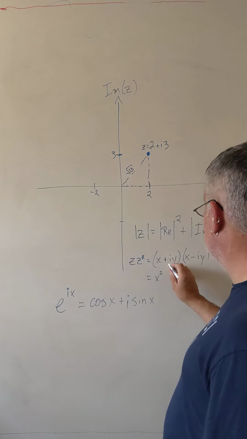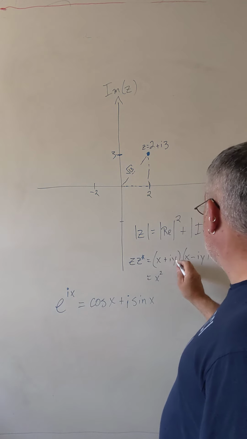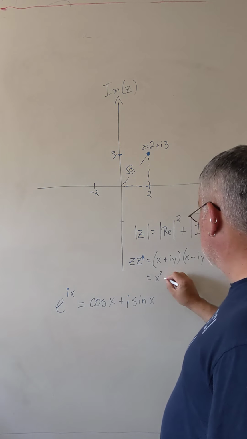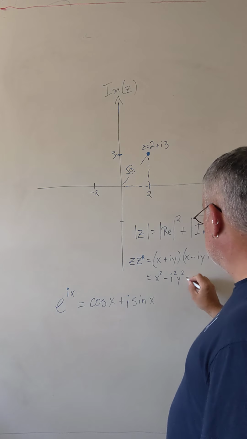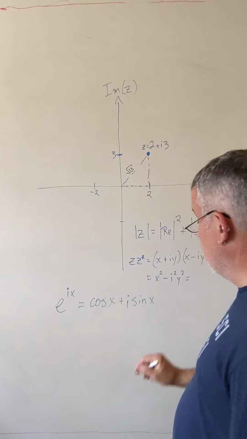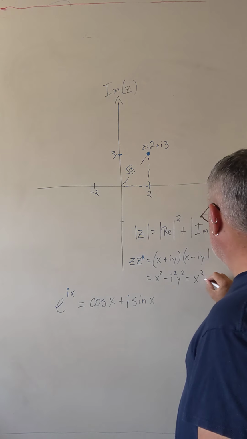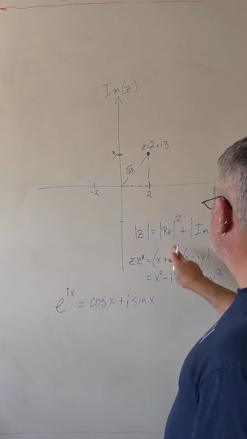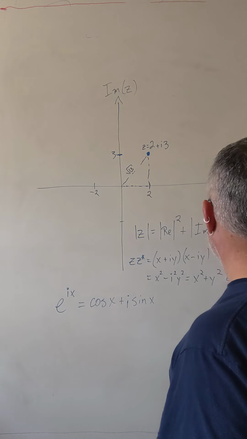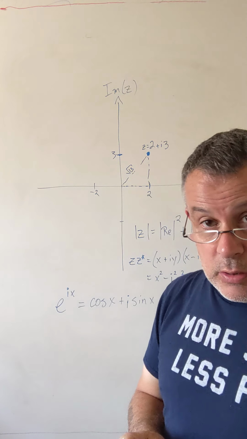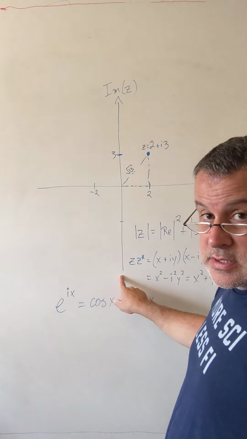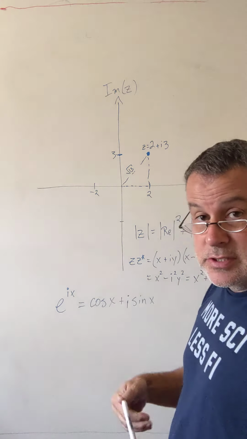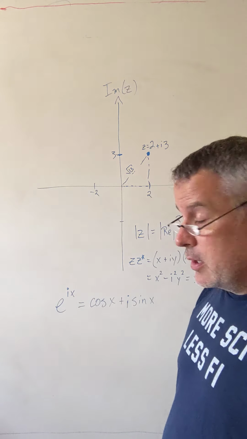And then the last one is minus i squared y squared. But i squared is just equal to minus 1. So we have x squared plus y squared. That is the same as this. So the way that you get the magnitude of a complex number is by multiplying the complex number times its complex conjugate and just cranking out the algebra from there.